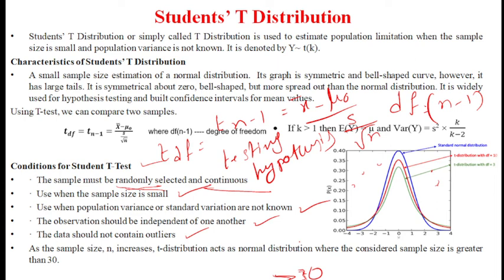What are the points we need to remember under student t-distribution? It applies when the sample size is small, when the population variance and the standard deviation are not known, and the observations should be independent of each other.